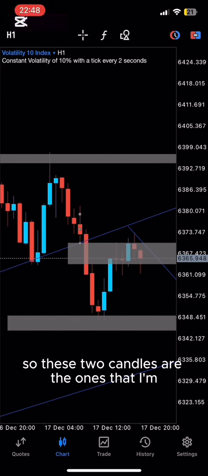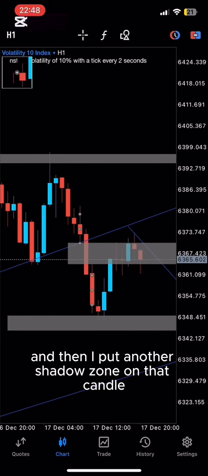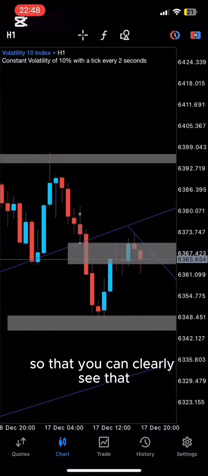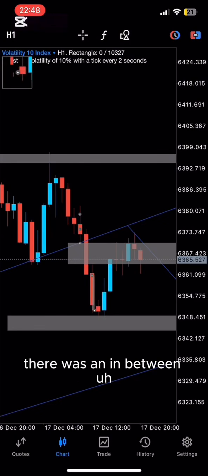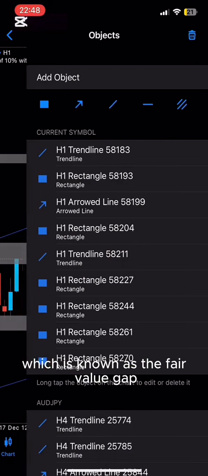So these two candles are the ones that I'm currently marking, and then I put another shadow zone on that candle so that you can clearly see that there was an in-between line or gap, which is known as the fair value gap.